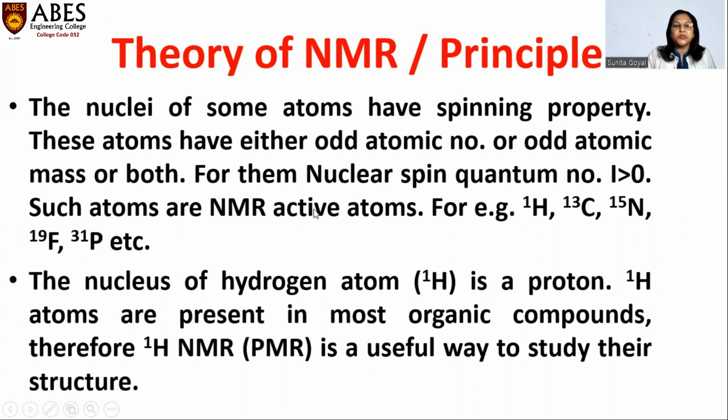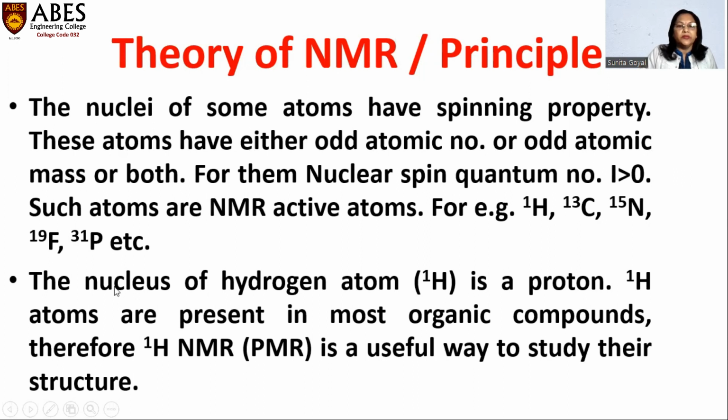Examples of NMR active nuclei are 1H, 13C, 15N, 19F, 31P, etc. And if we want to take the NMR spectrum of carbon-12 or oxygen-16 isotopes, that will not be possible because their atomic masses are even and their atomic numbers are also even. So either the atomic number or the atomic mass, or both, should be odd.